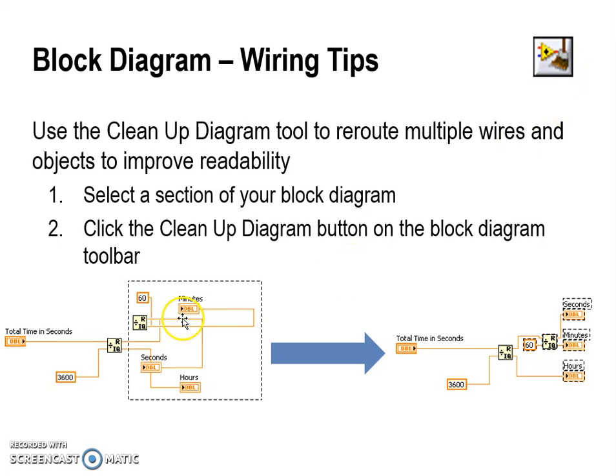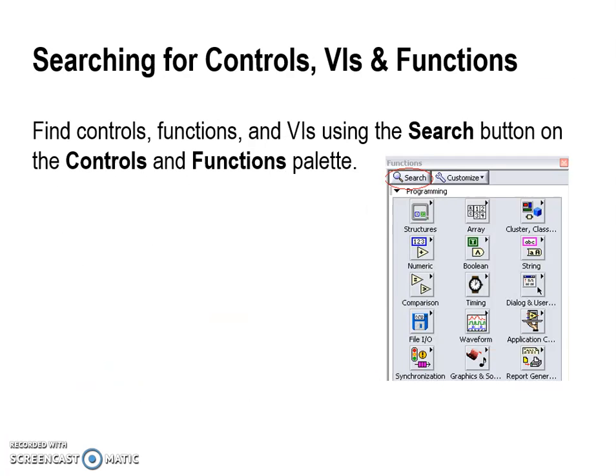If I select that, whatever code I have selected with my mouse, it will try to organize it, and it does a really good job of organizing it for me. This example is a whole lot easier to read and decipher than this example. So use that to your advantage as you continue to create your VIs.